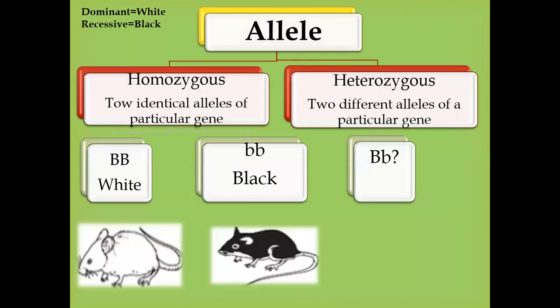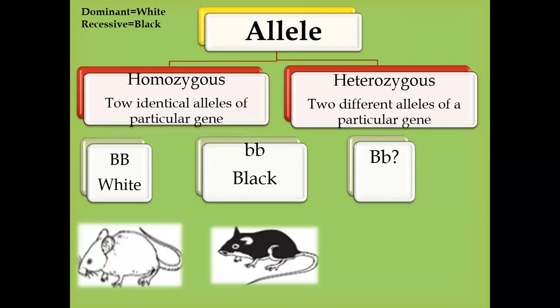We're going to jump to another example. For example, if white color is dominant over black color, a homozygous dominant capital B will produce white color, while homozygous recessive lowercase b will produce a black color.